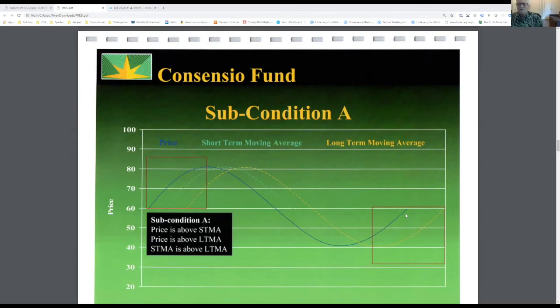I chose this as a way of explaining Consensio because it's the best way to get into what we call the subconditions of Consensio. And the subconditions of Consensio are made up of A, which is what you're looking at here, and this is a bull market.